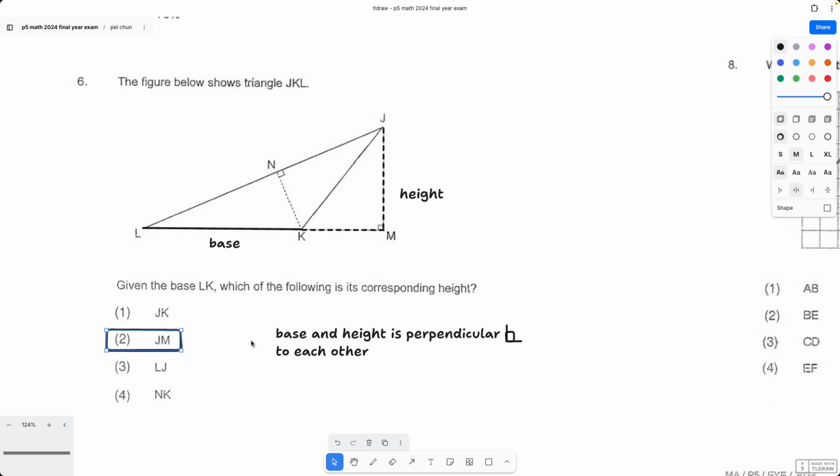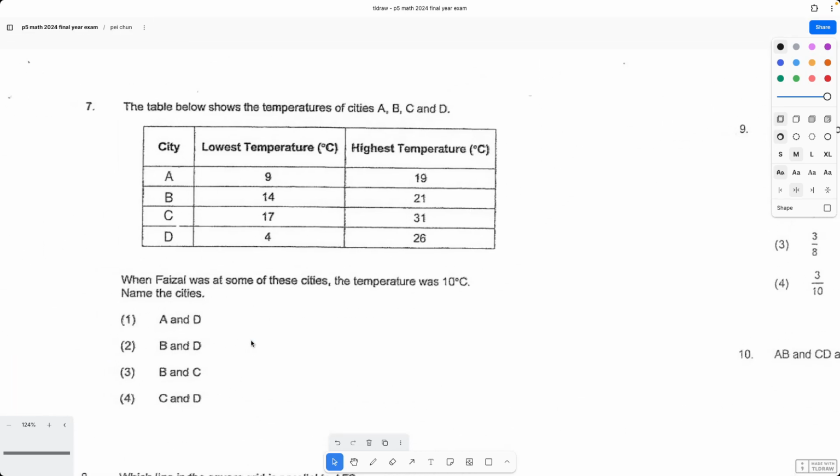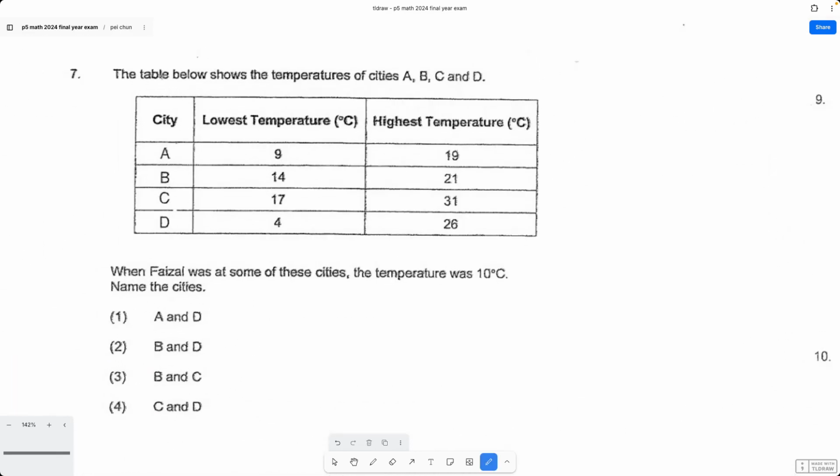Okay, let's move on to question number 7. Question number 7 says here, the table below shows the temperatures of cities A, B, C, D. When Faisal was at some of these cities, the temperature was 10 degrees. Name the cities. Okay, so that means lowest temperature.